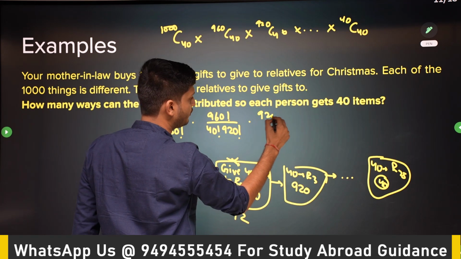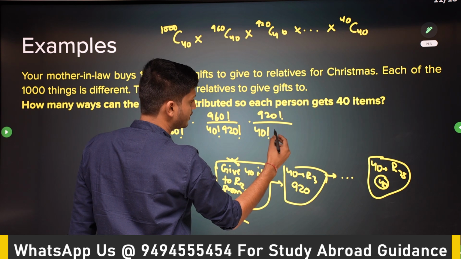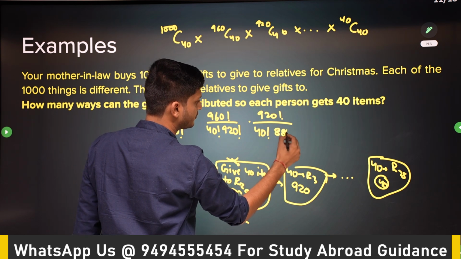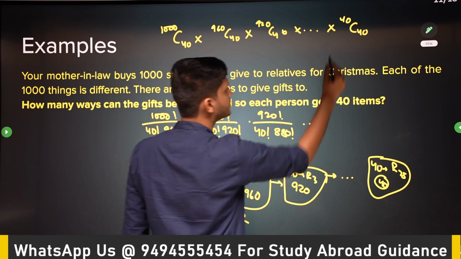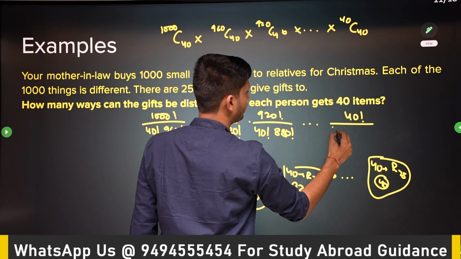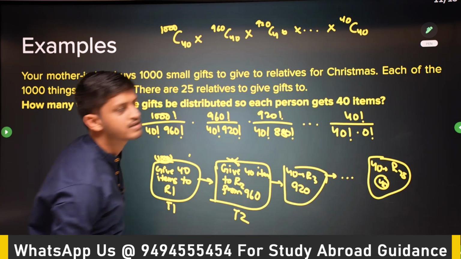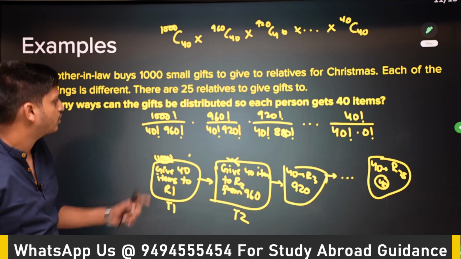Similarly, this will become 920 factorial upon 40 factorial times 880 factorial, and so on. The last one will become 40 factorial upon 40 factorial times 0 factorial. Here n minus r is 0, and 0 factorial is 1, right? So what will this become?